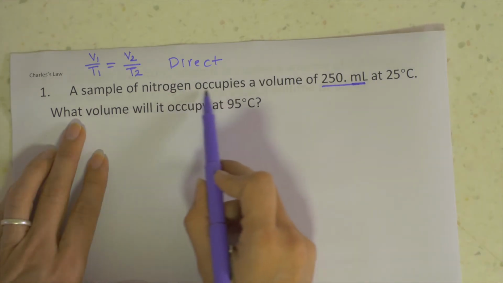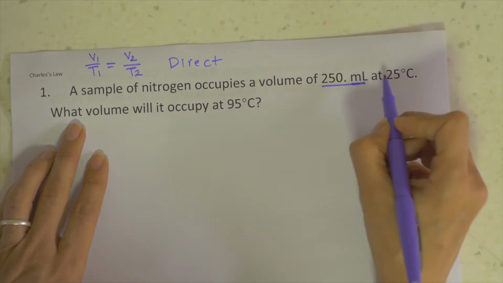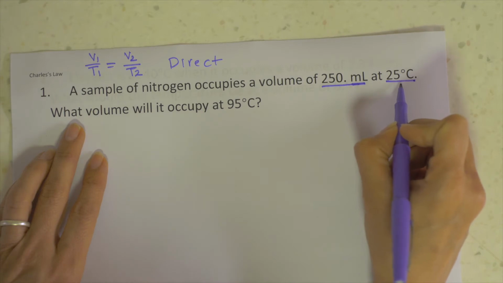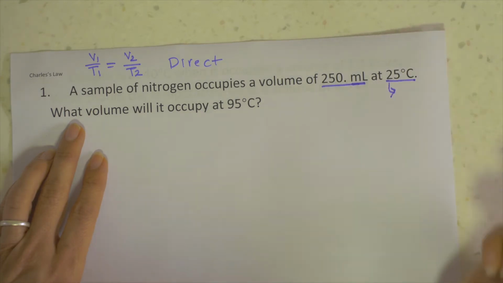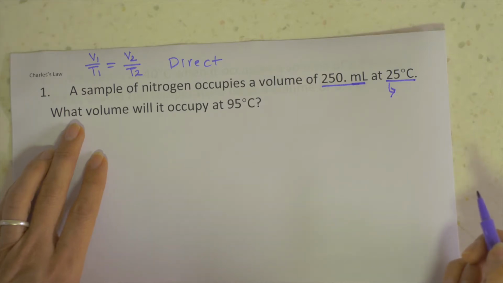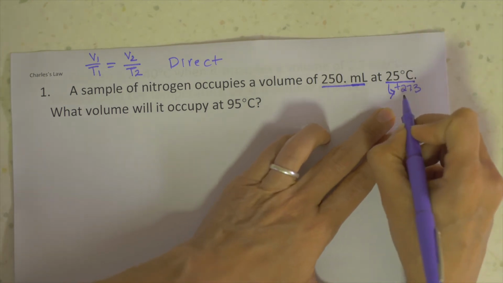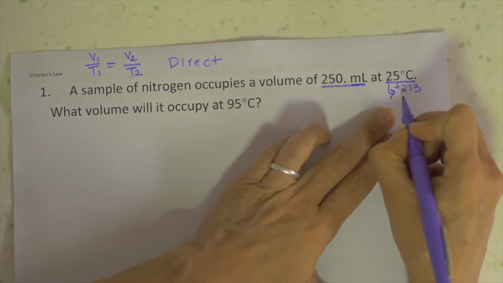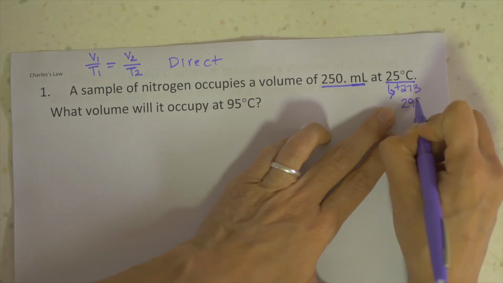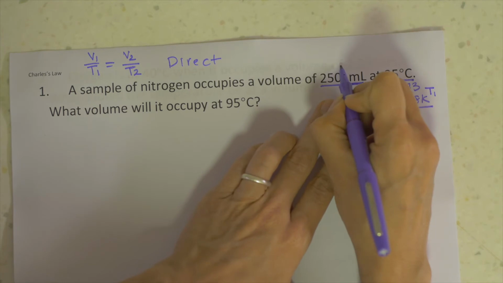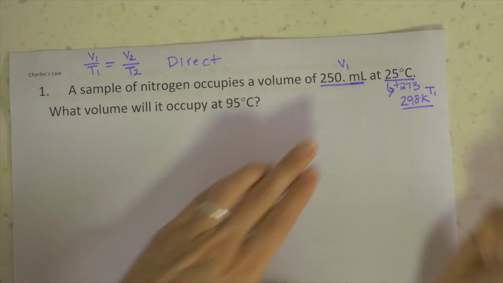So a sample of nitrogen occupies a volume of 250 milliliters at 25 degrees Celsius. So these two go together. I just need to make sure I convert 25 degrees Celsius into Kelvin, and I do that by adding 273. So 25 plus 273 gives me 298 Kelvin. That is my T1, and this is my V1.